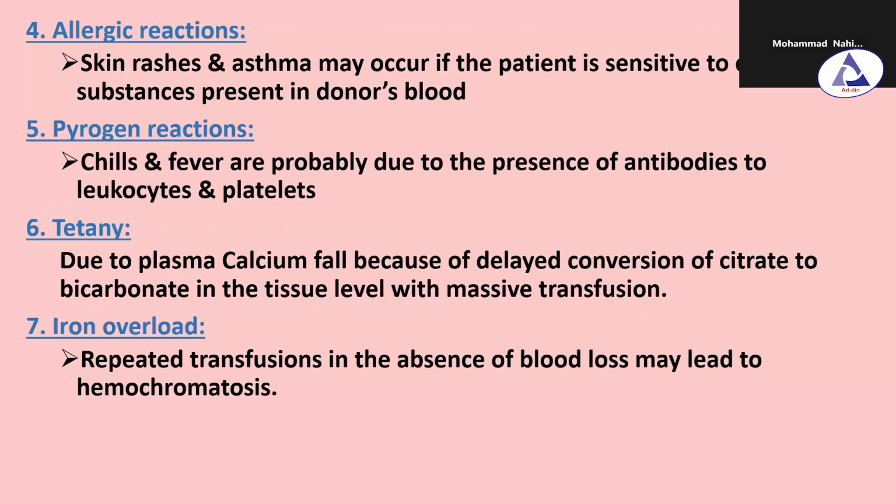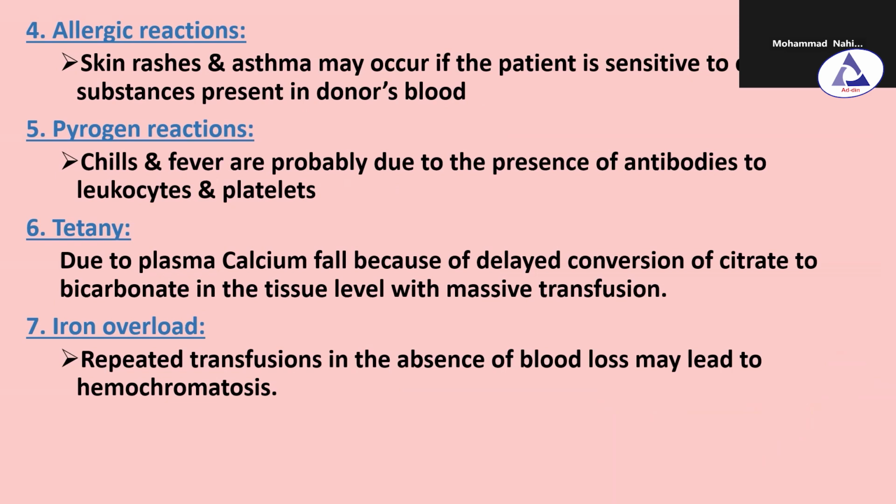The fourth hazard of blood transfusion can be listed as allergic reactions like skin rashes and asthma, which may occur if the patient is sensitive to certain substances present in donor's blood. Number five is pyrogen reaction. Chills and fevers are probably due to the presence of antibodies to leukocytes and platelets.